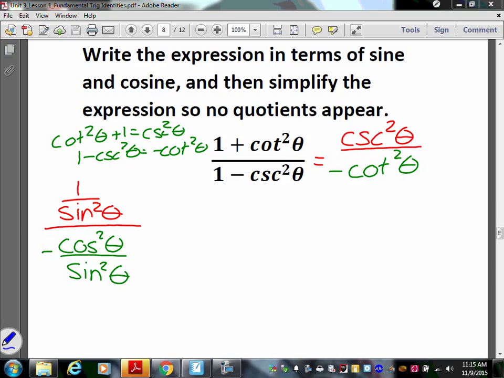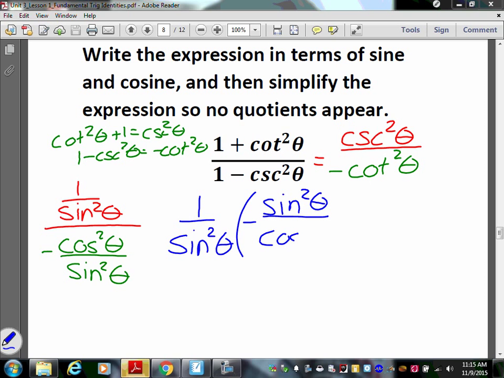So if I have a fraction over a fraction, I keep the top fraction, change the division to multiplication, and flip the bottom fraction. So the signs cancel.